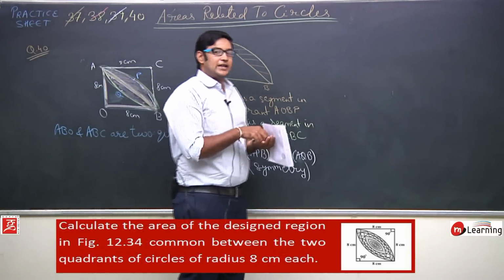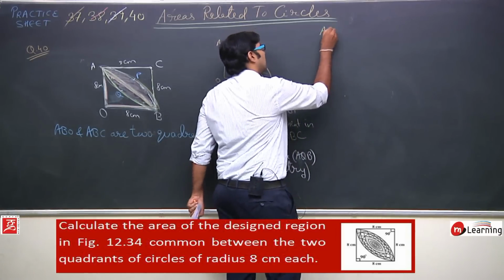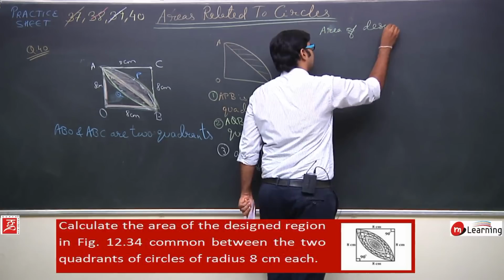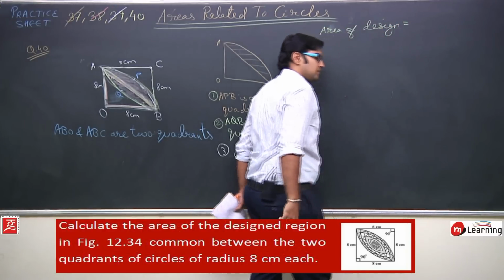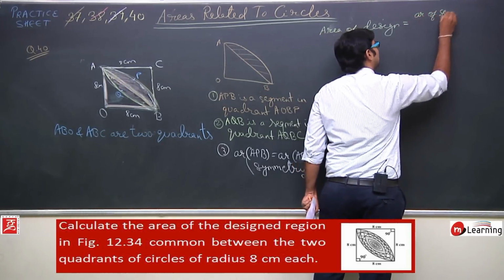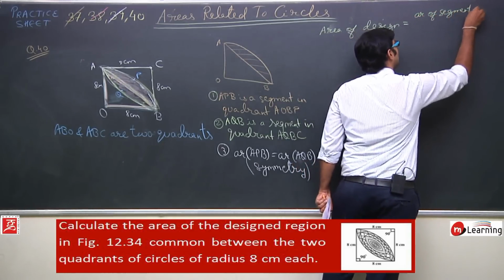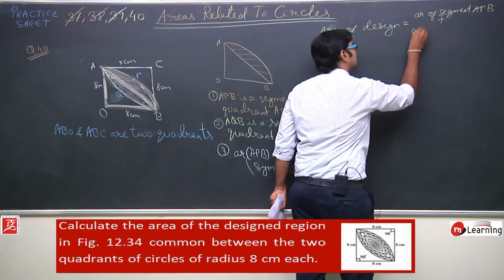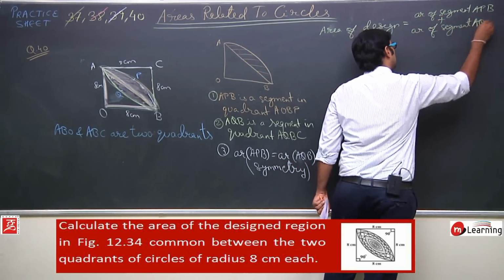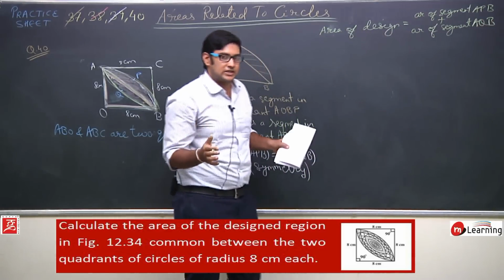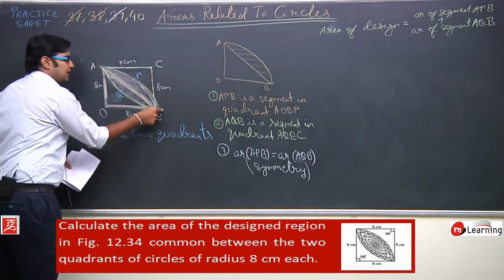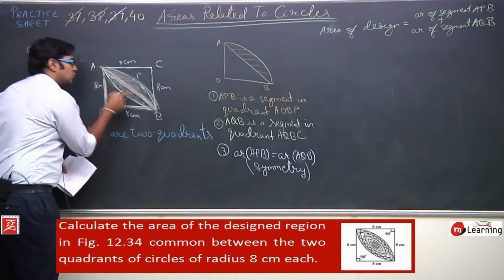Now if they have equal areas, then I can say area of design is equal to area of segment APB plus area of segment AQB. Okay, try to remember this. What I am saying is, area of this design is equal to area of segment APB plus area of segment AQB.